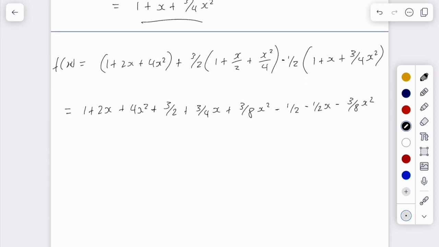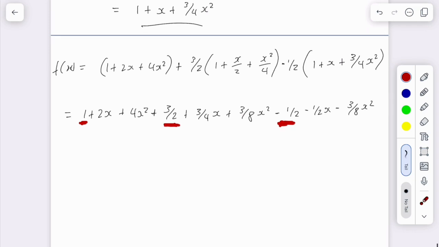And so if we look at this now, what we've got is the following: 1, 3 over 2, minus a half, plus 2 over 2.